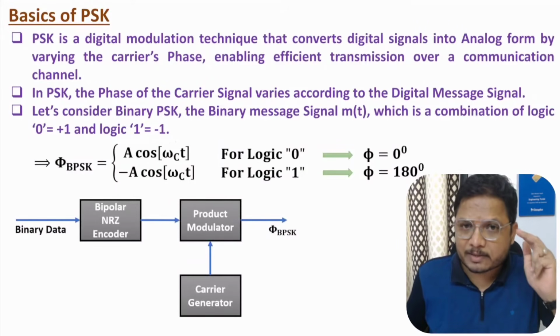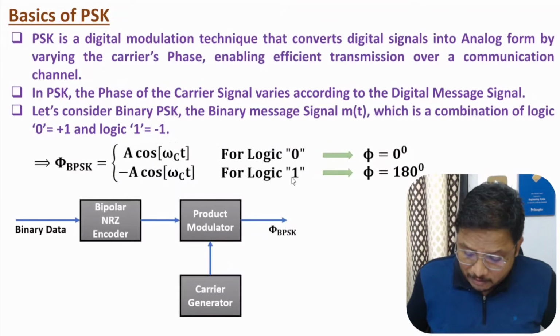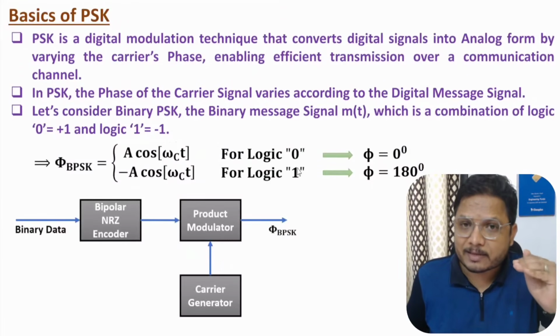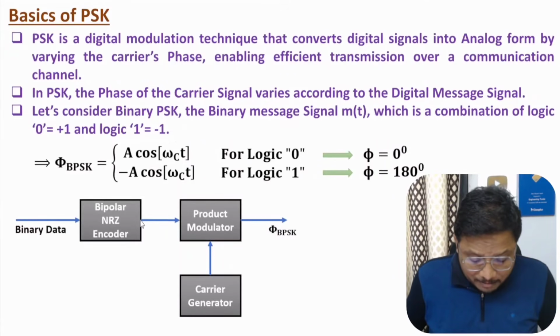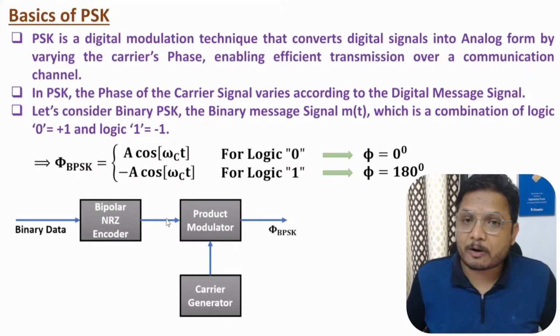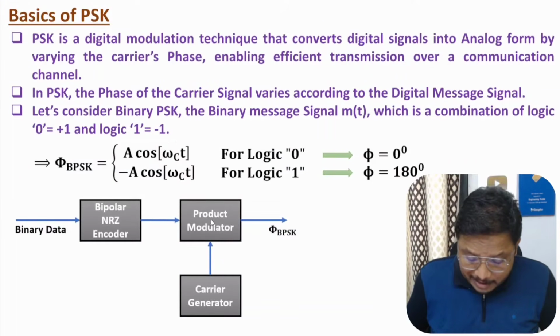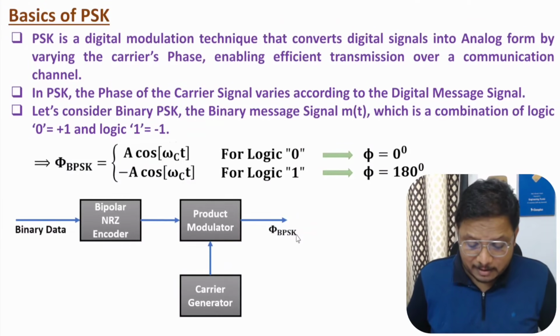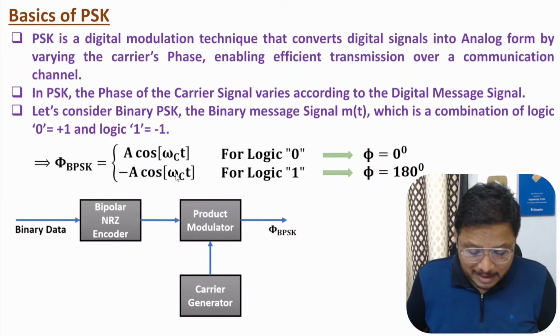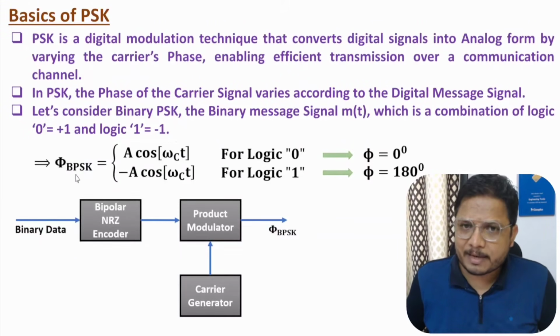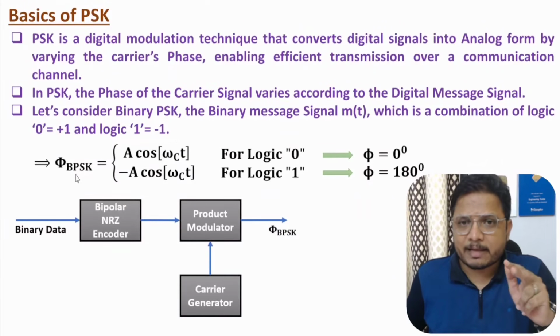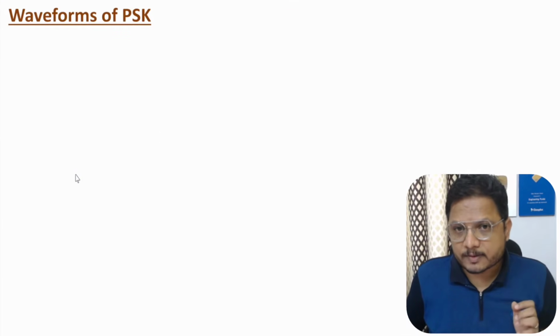You can consider +1 for logic 1 and -1 for logic 0, right? And that bipolar NRZ data, which is plus or minus 1, we multiply with the carrier, and that generates binary PSK. So you can observe, if you multiply plus or minus 1 with the carrier, that results in the binary PSK signal.